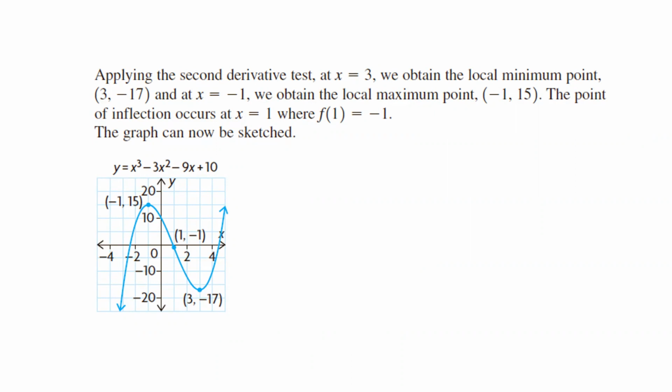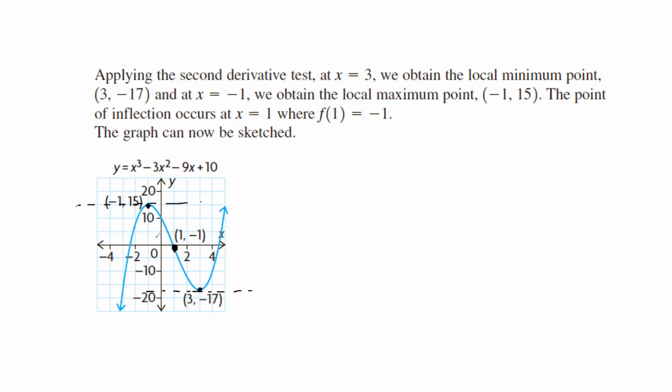Here are these two critical points, -1 and 3. One of them is a local maximum and the other one is a local minimum. And we also have an inflection point right here.